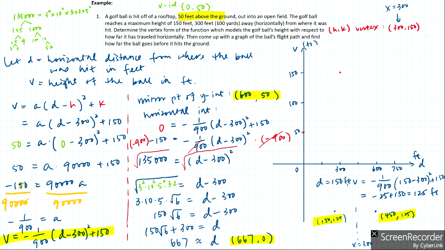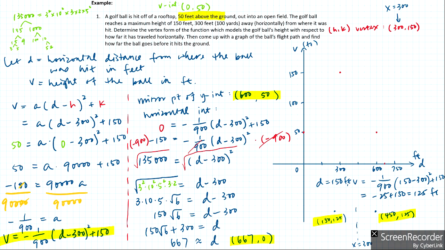And then we found the mirror point for the y-intercept is 600, 50. It's over here. And for the x-intercept, 667, 0. So if I use every 3 boxes being 150, that means every box is about 50. So it's just a little above this over here.